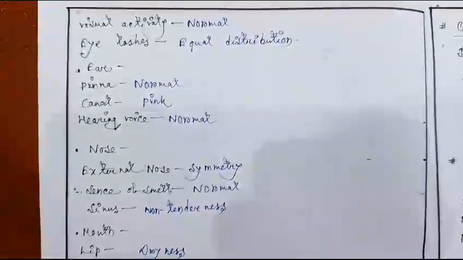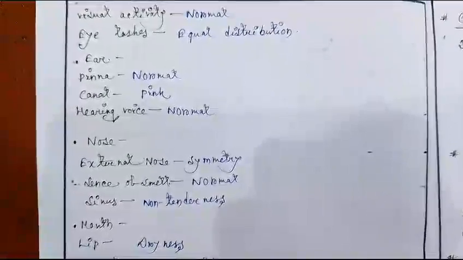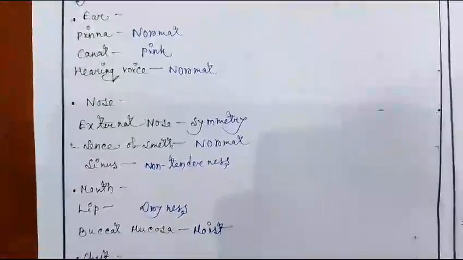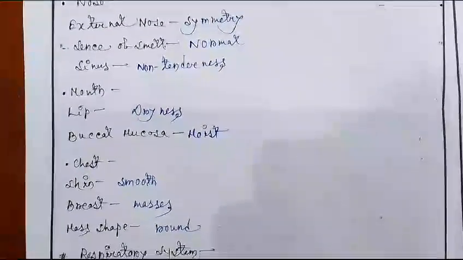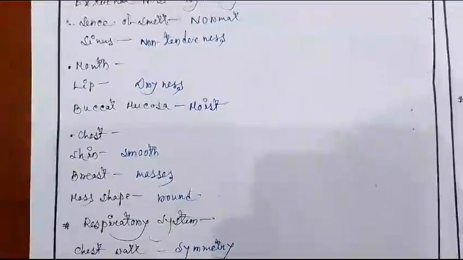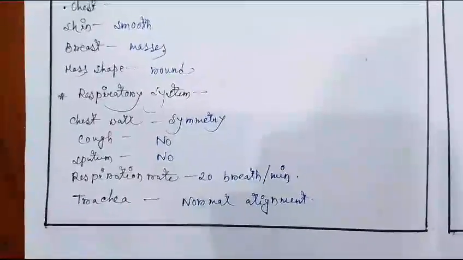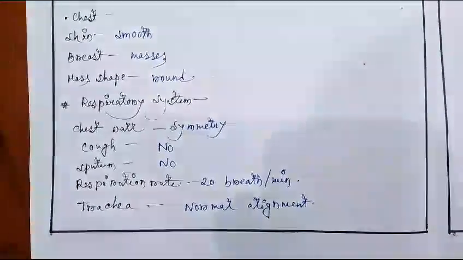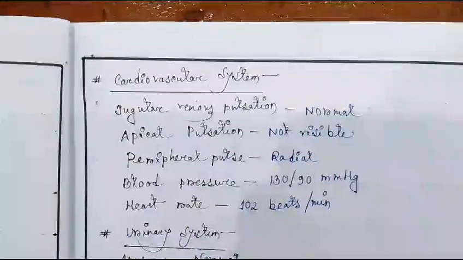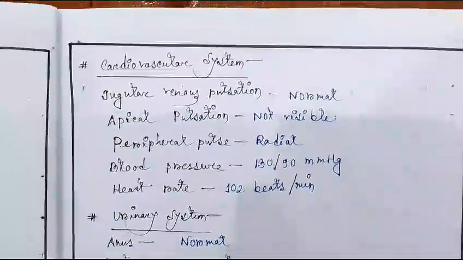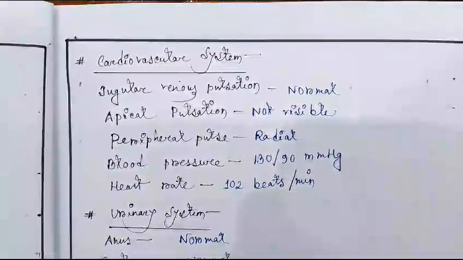Then we write any abnormalities present or not in the ear, nose, mouth, chest. Then we write any abnormalities found in the respiratory system. Write any abnormalities in the cardiovascular system or not.